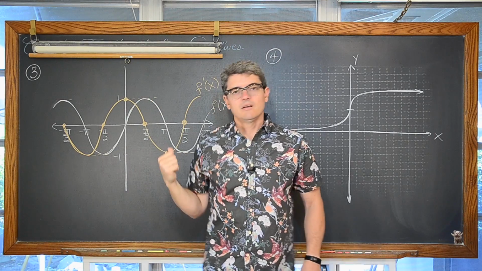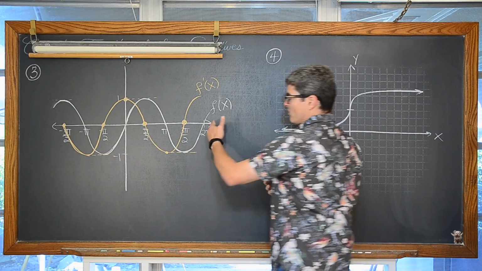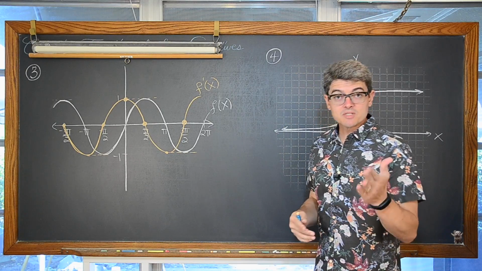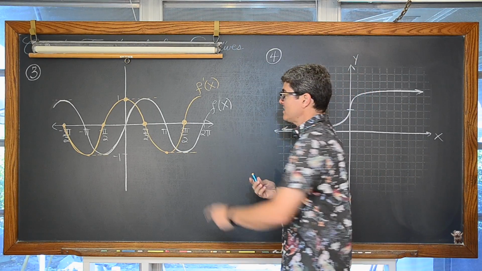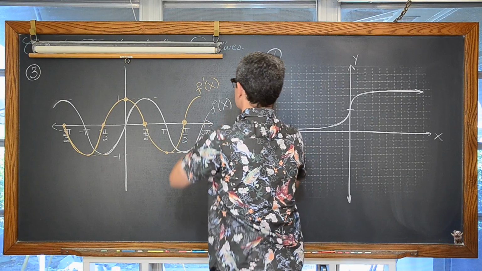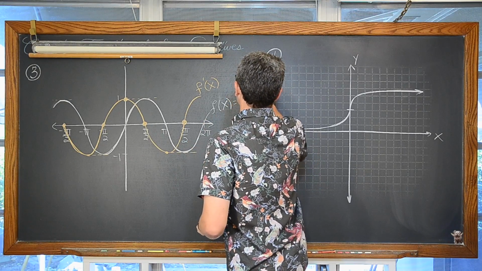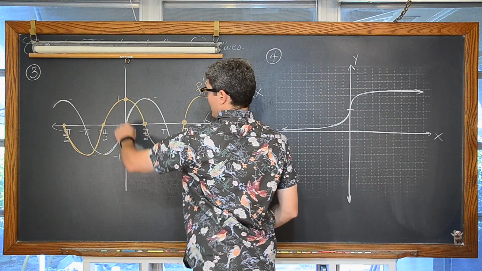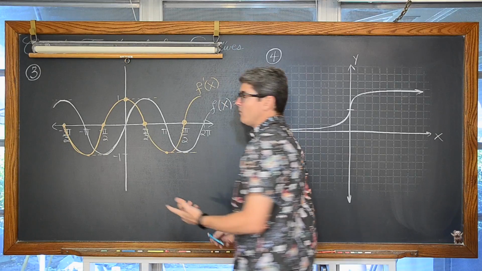Now, did you notice a pattern between the white graph and the orange graph as I was drawing that? I hope so, because that means you know your unit circle. This is f of x, which happens to be equal to the sine of x. And what does the orange graph look like?